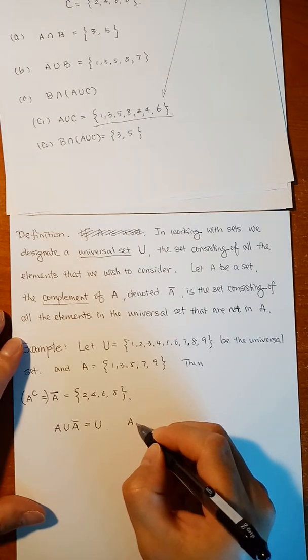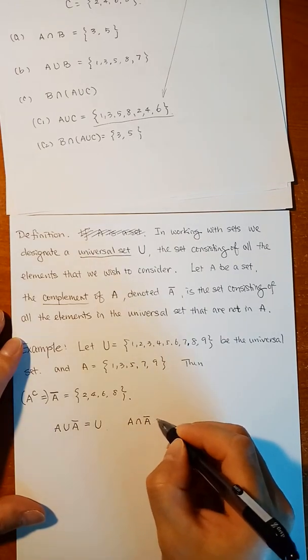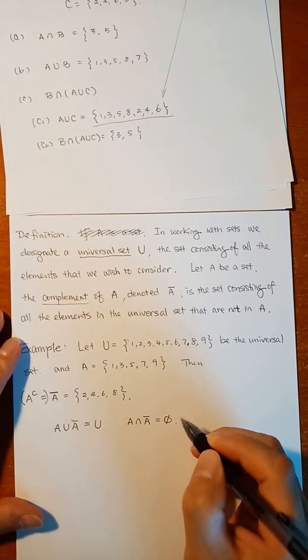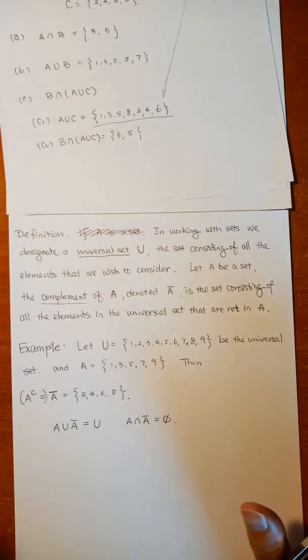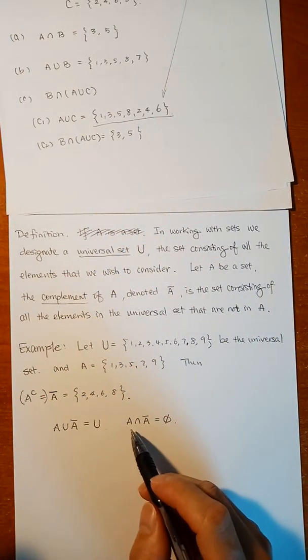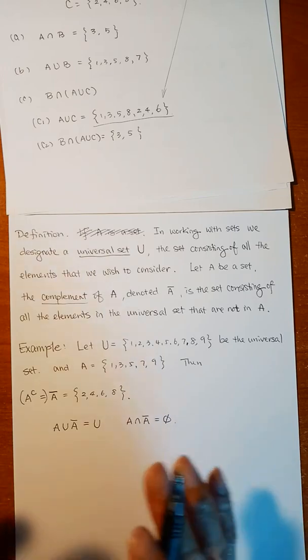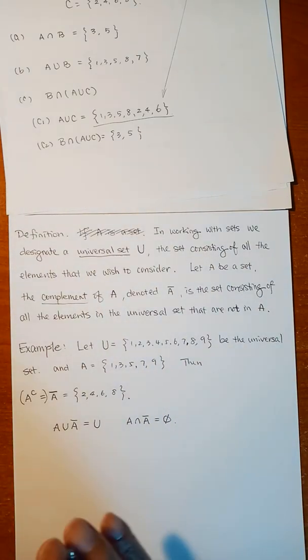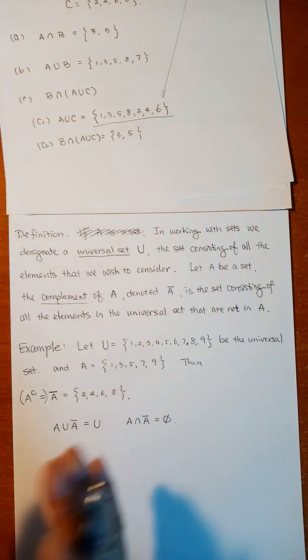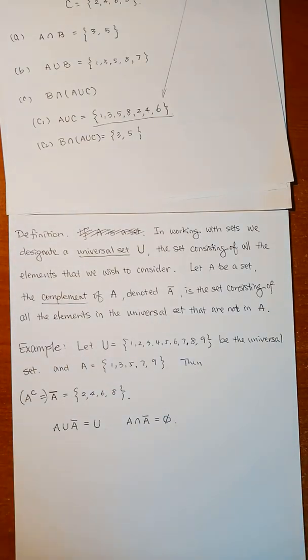If you get the intersection of A with its complement, it's always empty. There's no element that belongs to A and also belongs to the complement. No way. It's either black or white. So there's no gray area.